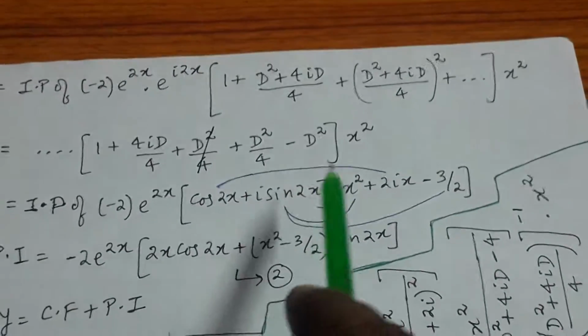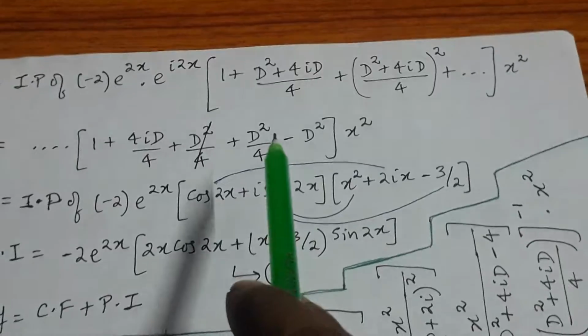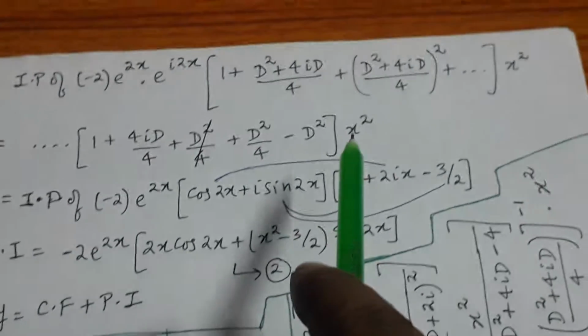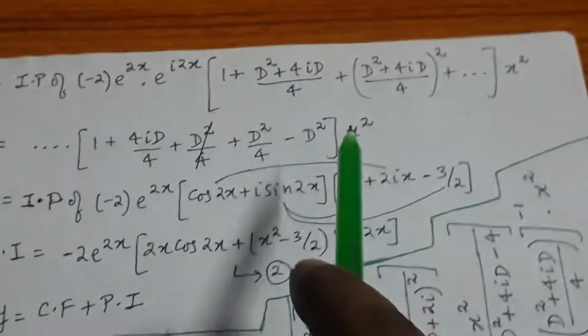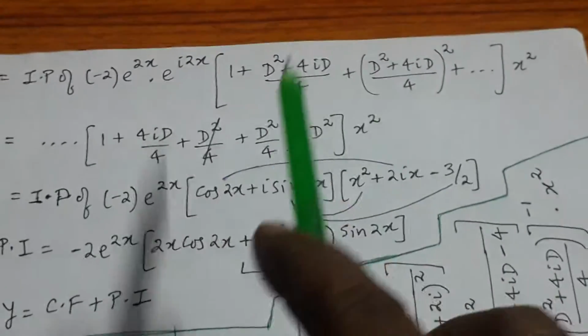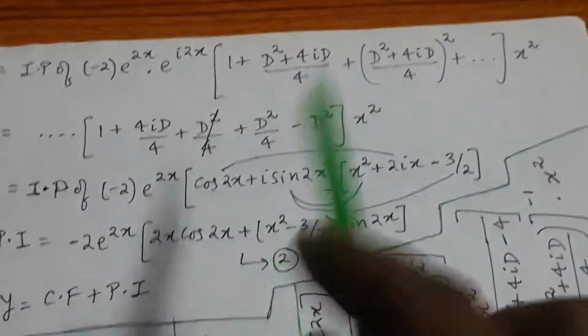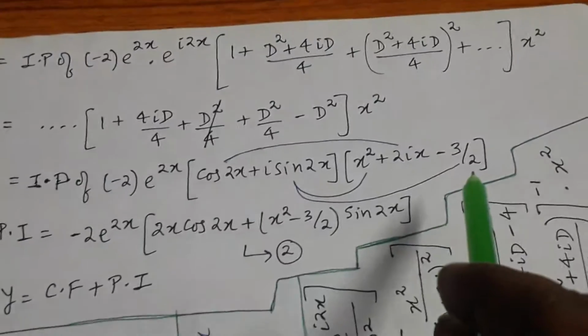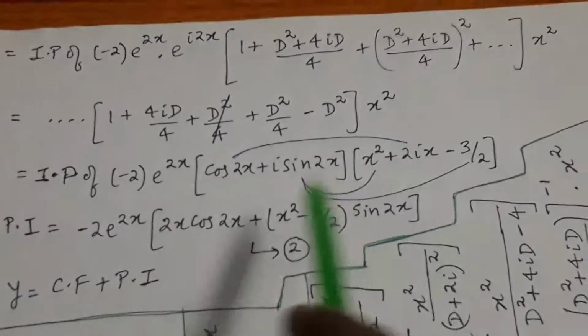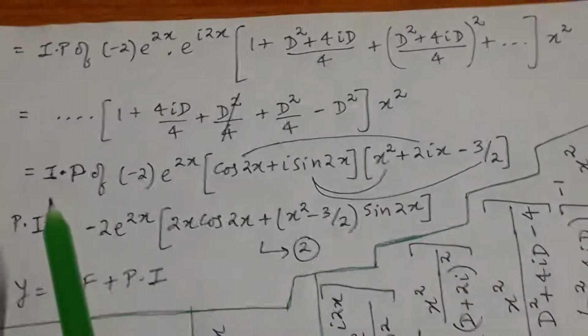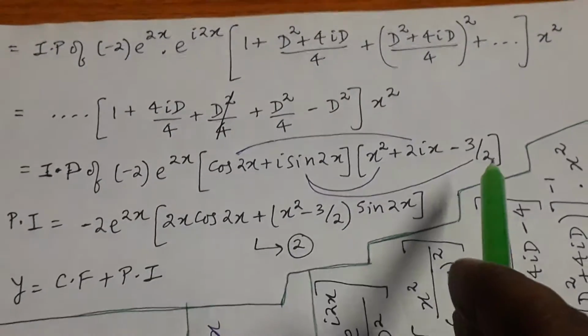And then differentiation of x square is what? 2x. Again differentiating, we will get 2. So 3 by 4 into 2 will be 2, and 4 will get cancelled, we will get 3 by 2. Okay, simplification, be careful.